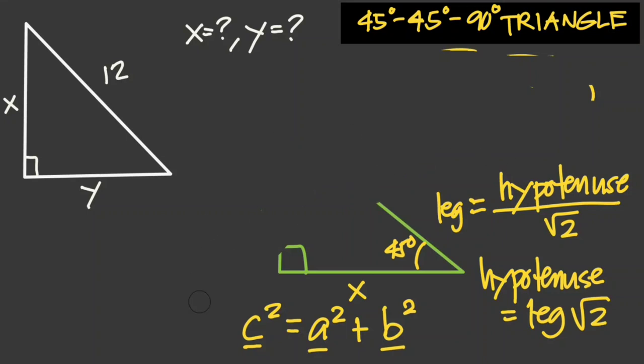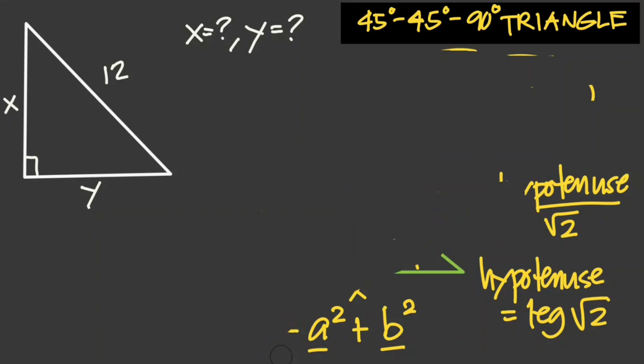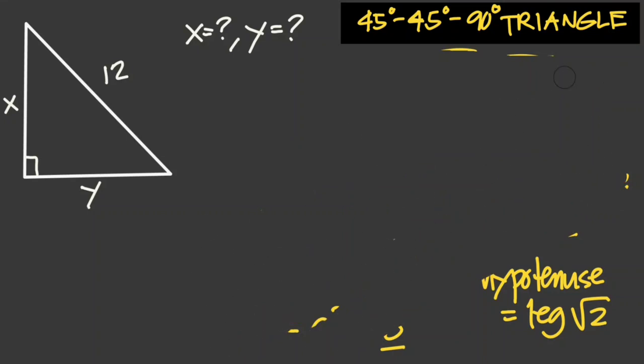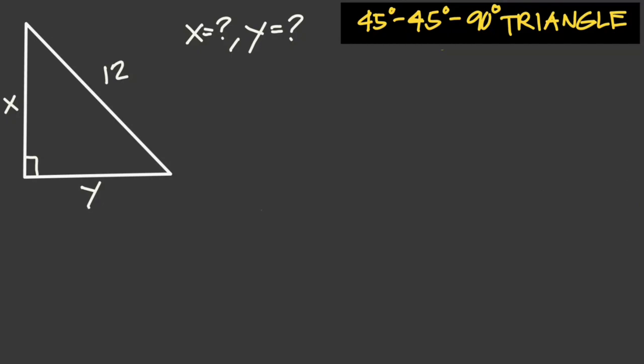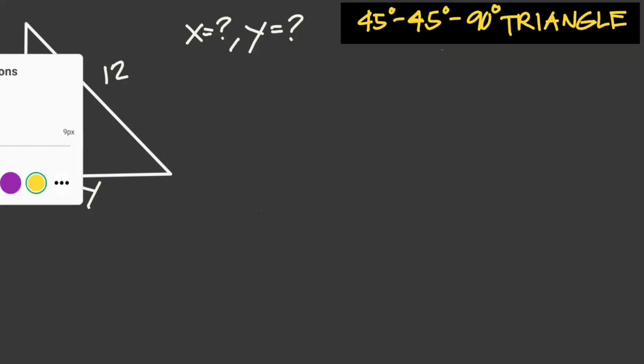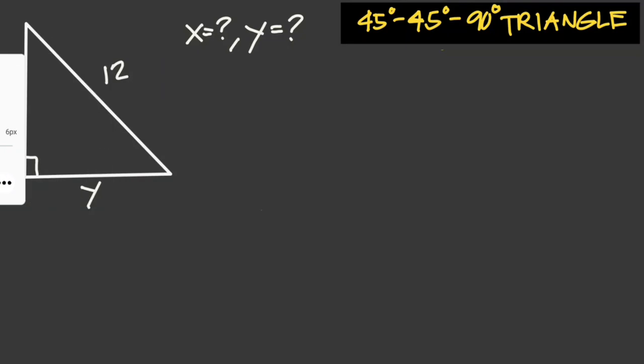So we're given here a right triangle which has a hypotenuse that is equal to 12 and the legs are missing. So let's solve for the legs here. Let's not forget our ratio: x is to x is to x square root of 2.